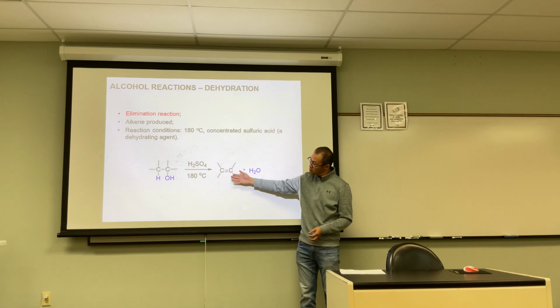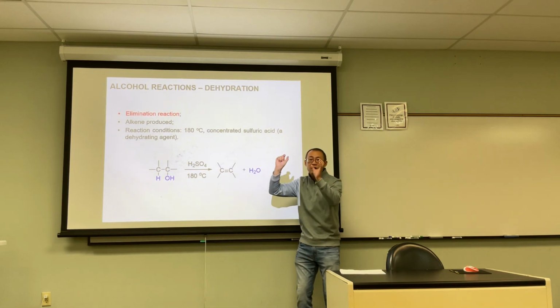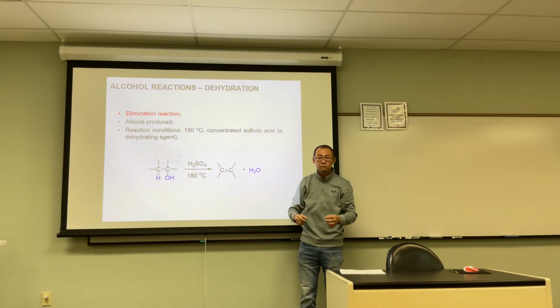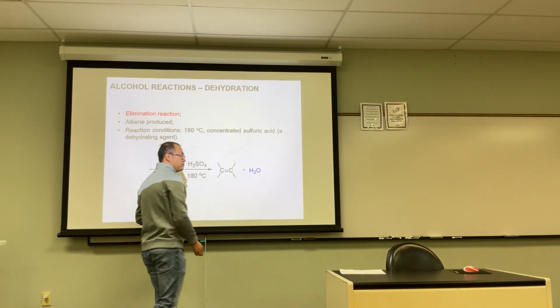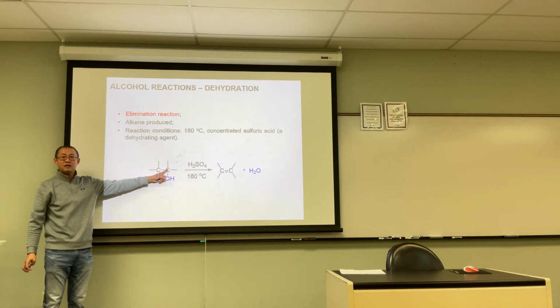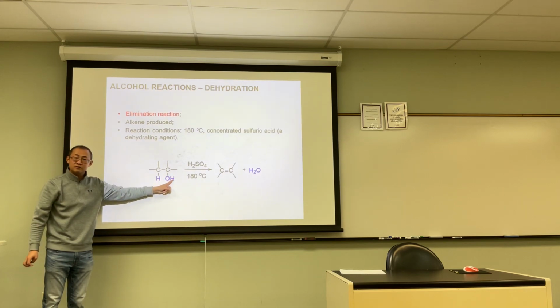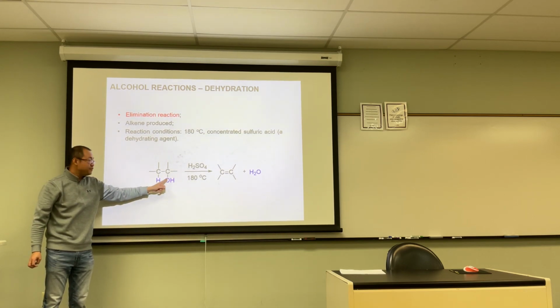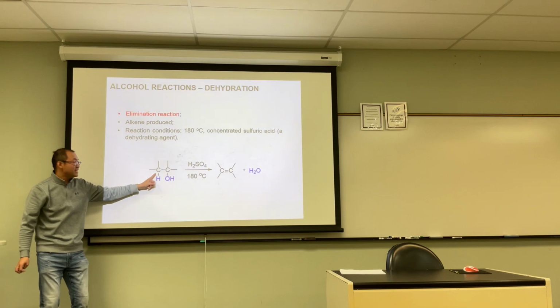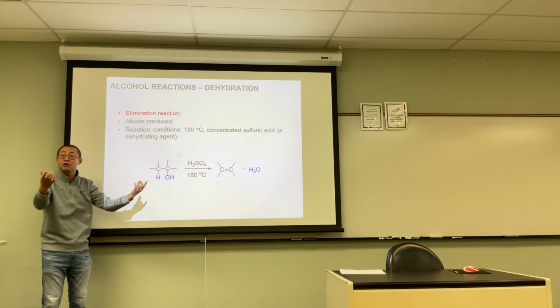So here is the scheme of the reaction. Again, I'm not using the full molecule, just the part you are focusing on. Here, take a look. What is it? Alcohol. Is that right? Right. OH bonds to a carbon, as an alcohol. So what happens here is, if you remove the OH and then you remove the H of the adjacent carbon, you can see that H and OH, again, we're taking away what?